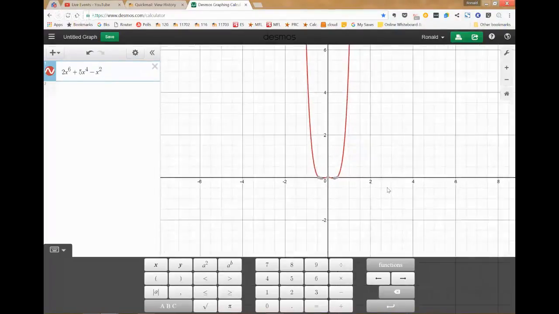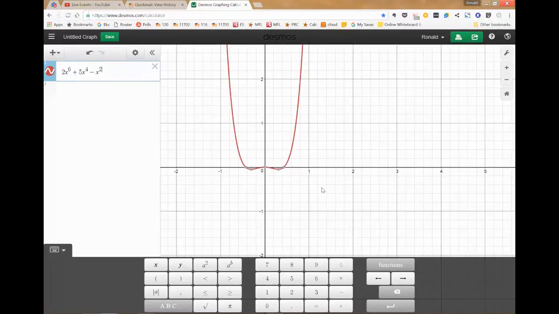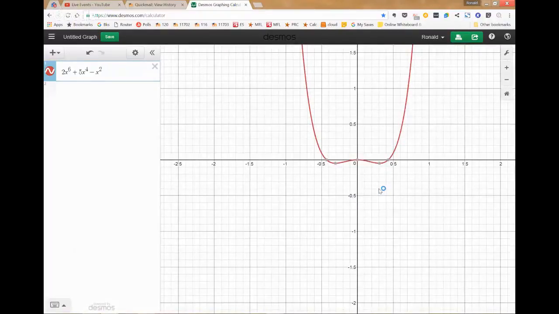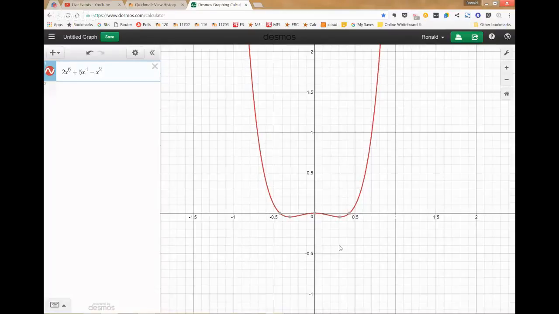When you zoom in on Desmos, you can see where the graph is increasing and decreasing. You see how it's decreasing from negative infinity up until about negative 0.3. Then it's increasing between negative 0.3 and 0. It's decreasing again from 0 up to positive 0.3, and then forever it's increasing. So that's the increasing, decreasing part.